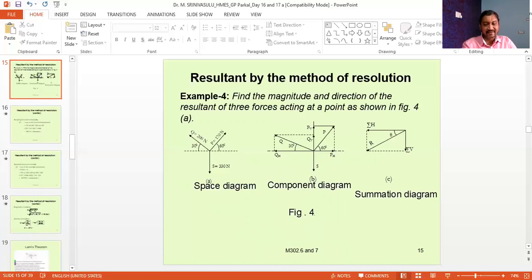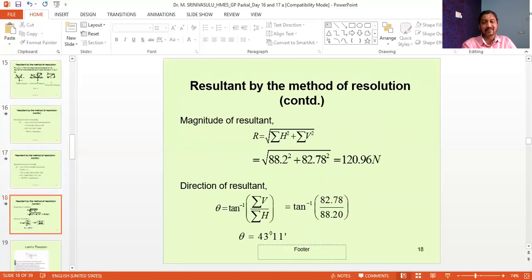So here in this case the answer is: the resultant force of 120.96 newtons, acting at an angle of 43 degrees 11 minutes with the x-axis in the third quadrant. So this is the complete answer for the given problem.